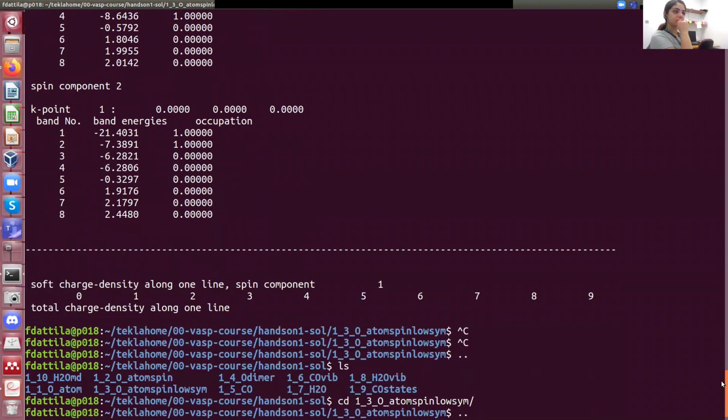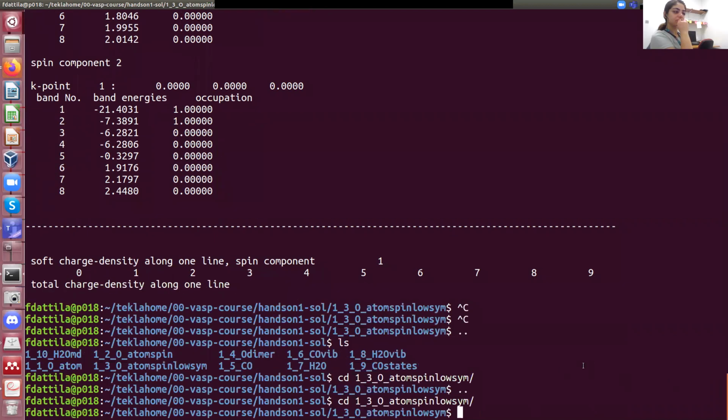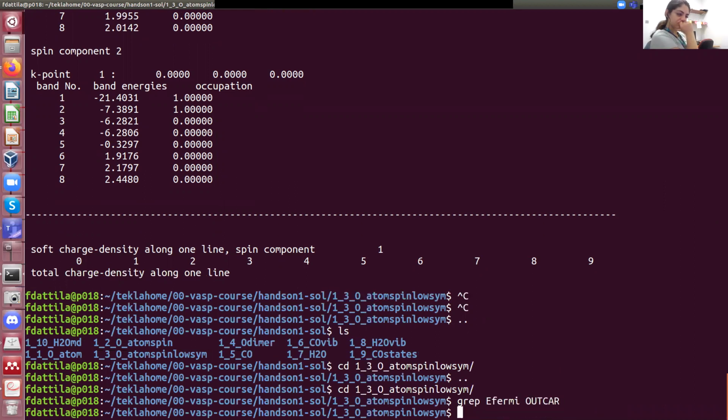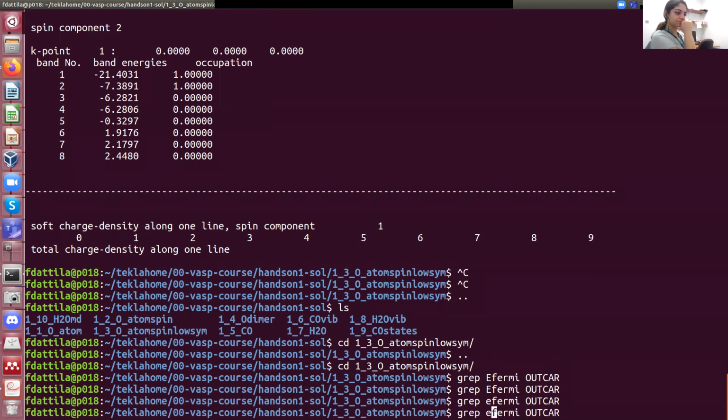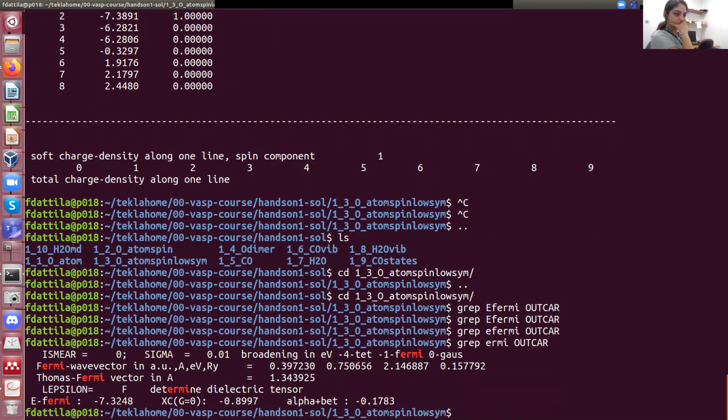Maybe. So now, what I wanted to show is that you can take the Fermi energy from the output. No, because it depends. You tried already? Okay, if you try, no, it's not this one. Let's try, maybe the solo Fermi.